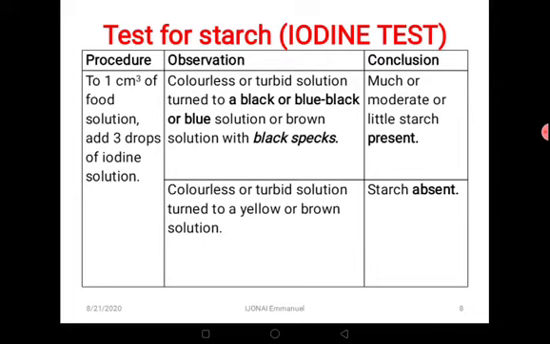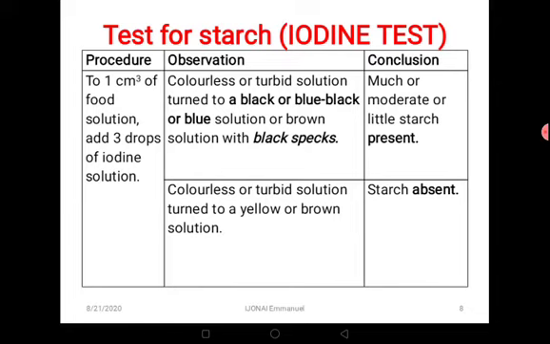What you have seen is what you write. You don't say turbid or, it means you did not see. So you can say a turbid solution turned to a black solution, or a turbid solution turned to a blue-black solution, or a turbid solution turned to a brown solution with black specks.